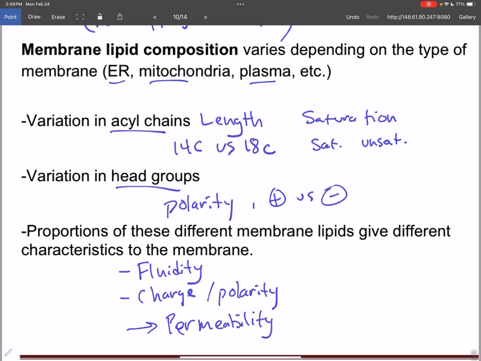If the membrane is more fluid, or if there are certain charges, then certain molecules can get through the membrane more easily than others. Okay? So that is our understanding of the fluid mosaic model, and that is the current understanding of how membranes operate.